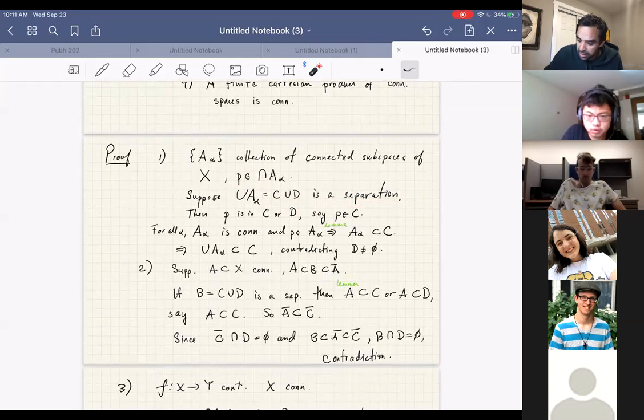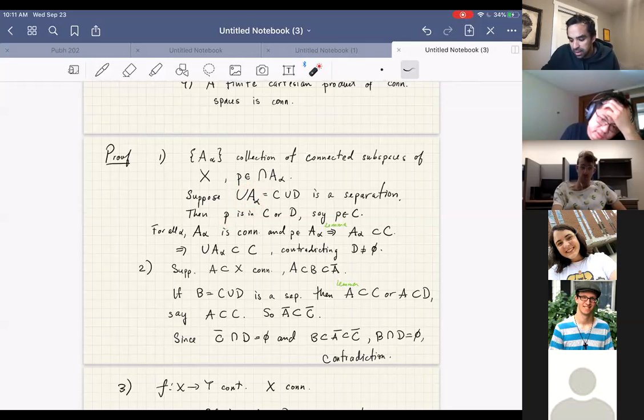Since P is in all of the A alphas, then P has to be in C or in D. It cannot be in both because C and D are disjoint. So let's say P is inside C.